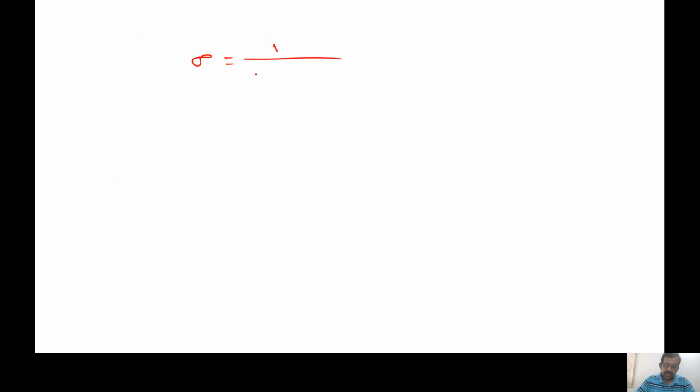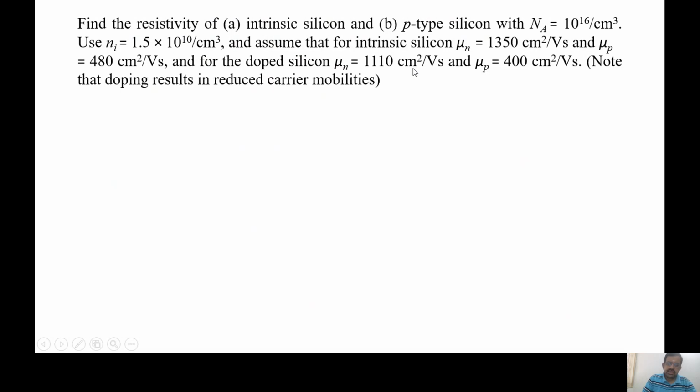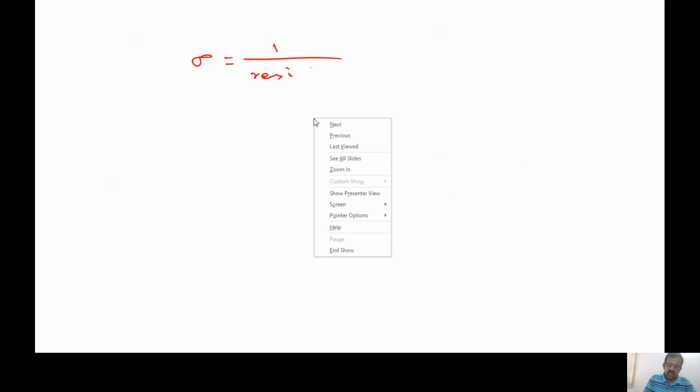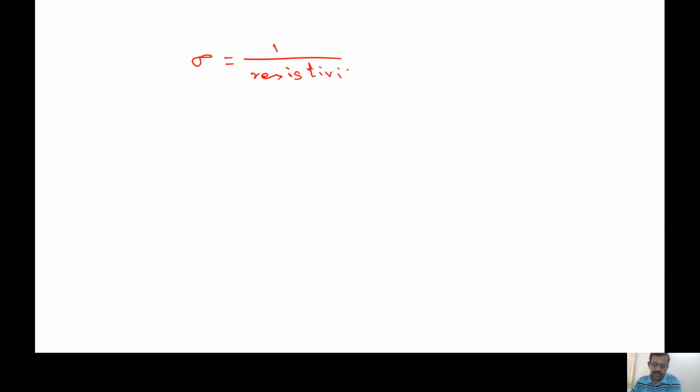Resistivity, whose symbol is the Greek letter rho.